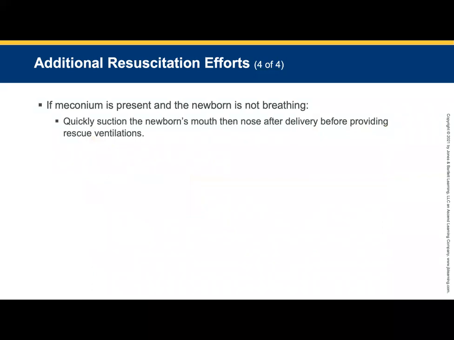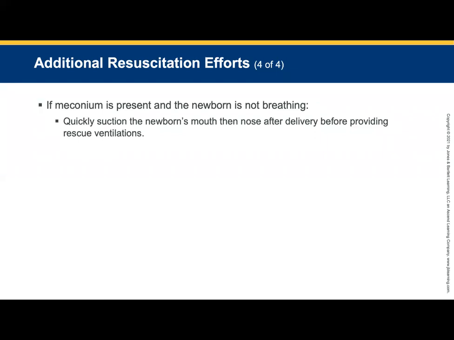Again, we talked about the meconium staining. If you see meconium staining in the amniotic fluid and the newborn is not breathing adequately, consider suctioning the newborn's mouth, then nose after delivering and before providing rescue ventilations.